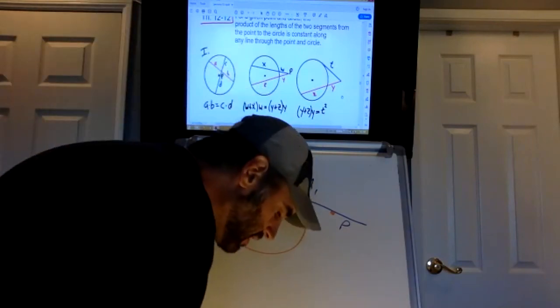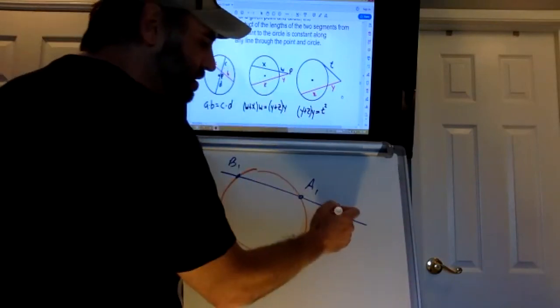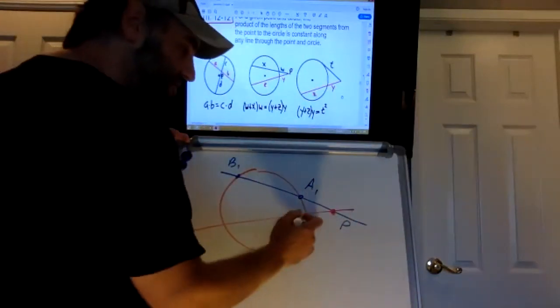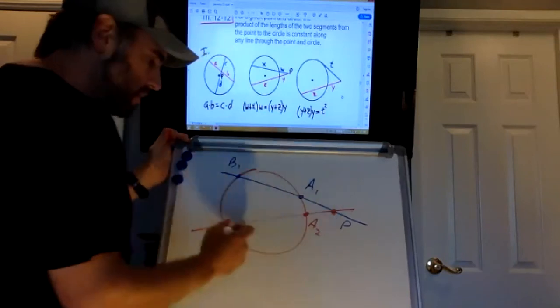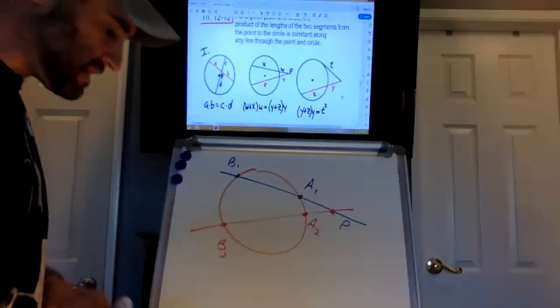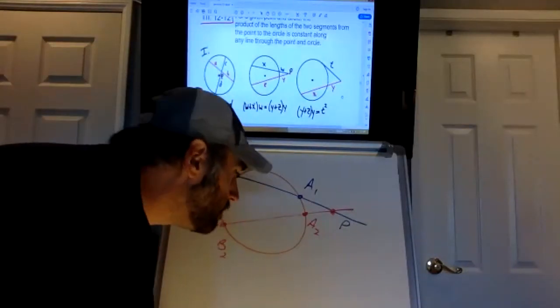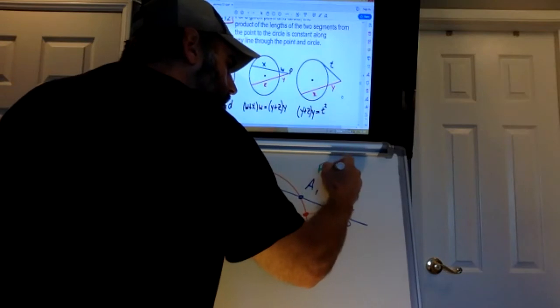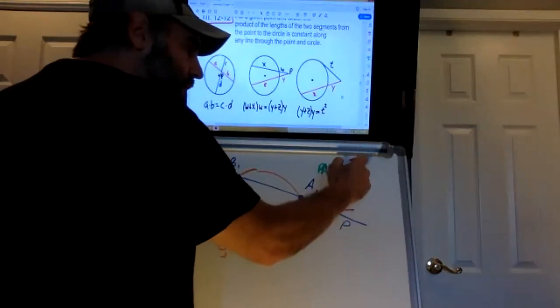If I do some other secant, okay, then this point is A2 and this point is B2. The same thing holds true, that PA1 times PB1.